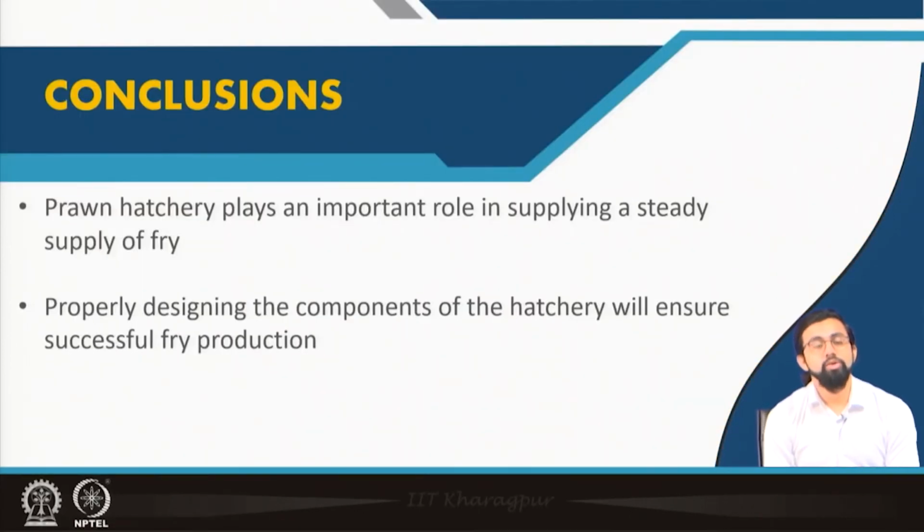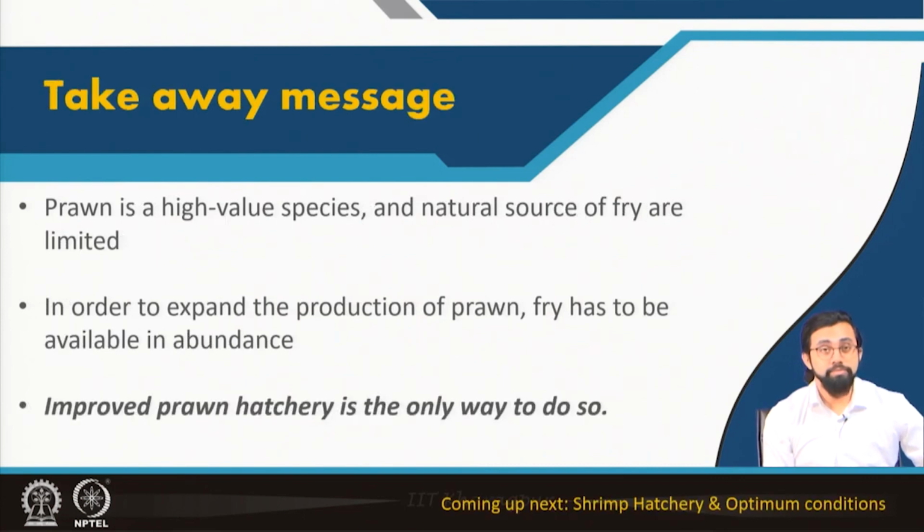So, in conclusion, what we can say, the prawn hatchery plays an important role in supplying a steady supply of fry. If properly designed, the components of the hatchery can ensure a successful fry production, and this is because prawn is a very high value species. Natural sources of fry are limited, and in order to expand the production of prawn, fry has to be available in abundance, right.